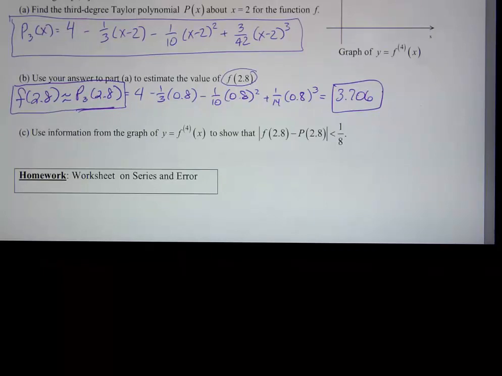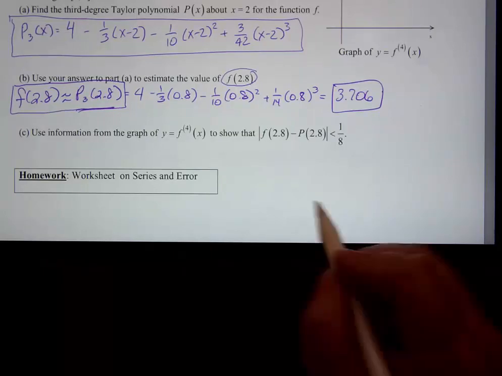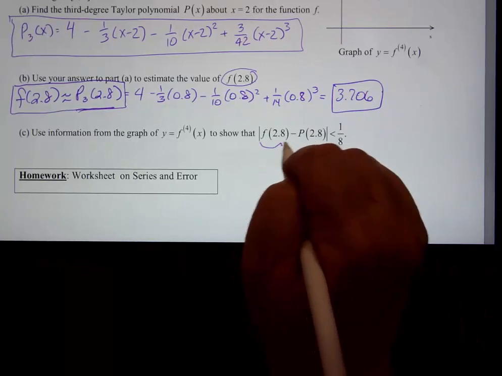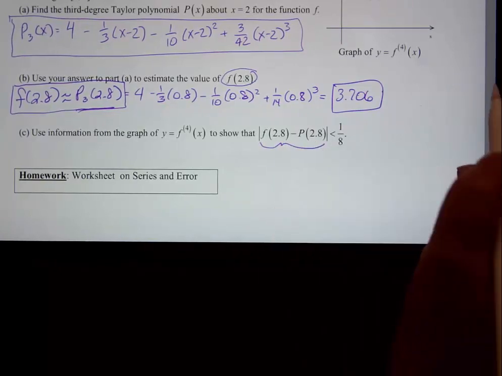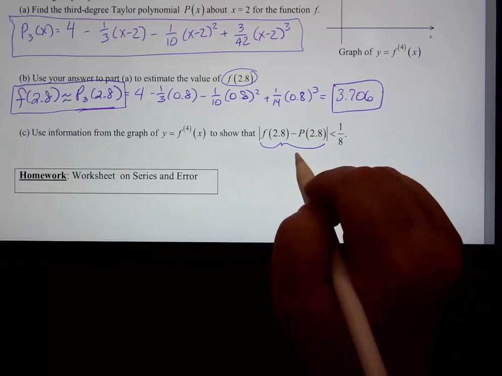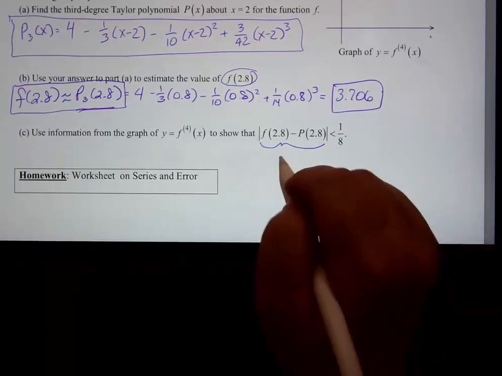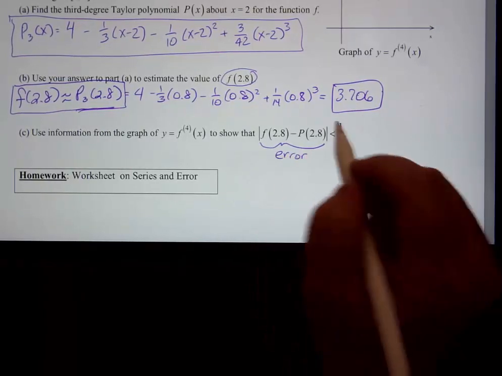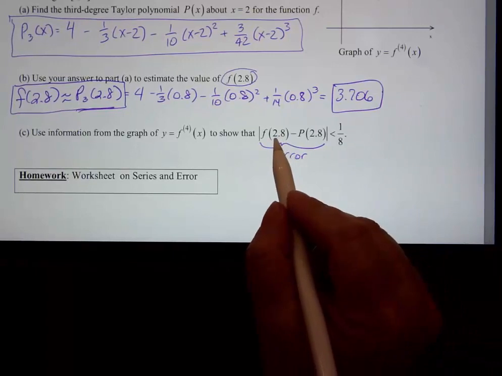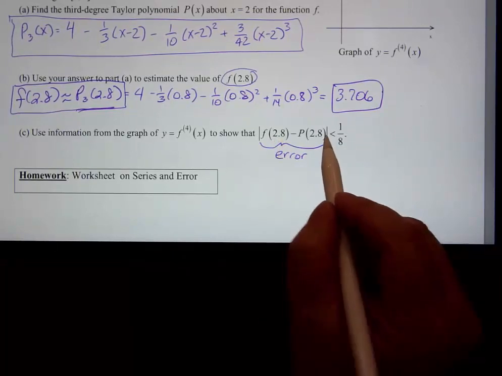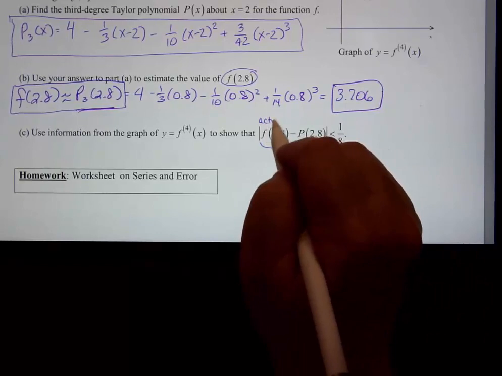This right here is code that we talked about last class. And what does that represent right there? Error. The difference between the actual value and your estimate. F is the actual, P of 2.8 is the estimate.